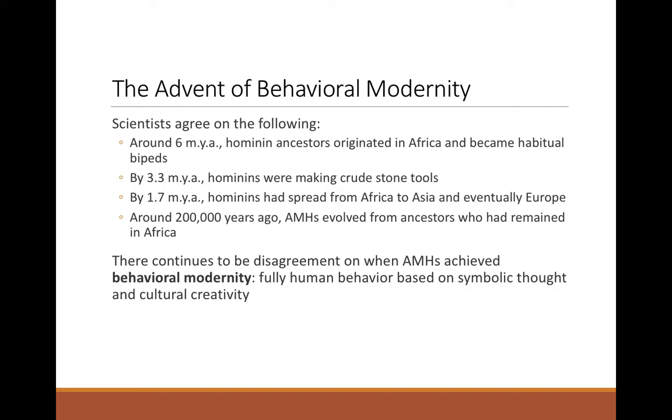By 1.7 million years ago, hominins spread to Asia and eventually Europe, including Homo erectus. And by 200,000 years ago, we've got unequivocal anatomically modern Homo sapiens that eventually first stay in Africa and then eventually leave Africa. We don't agree though on when modern humans reach behavioral modernity, which is defined as fully human behavior based on symbolic thought and cultural creativity.